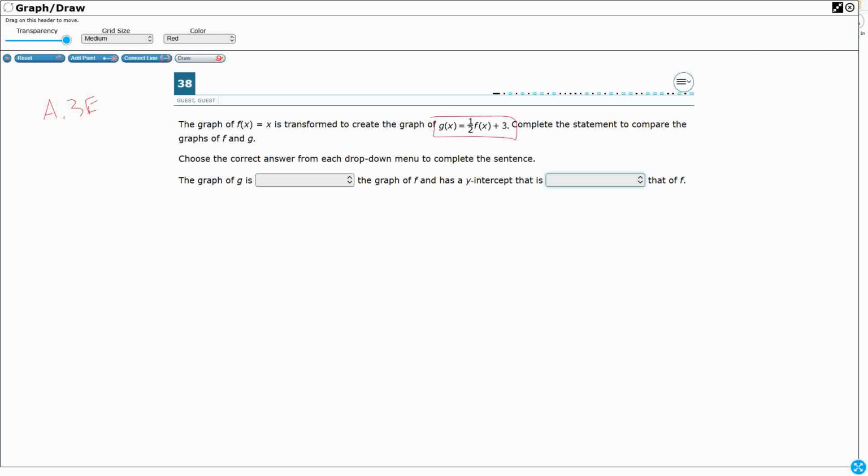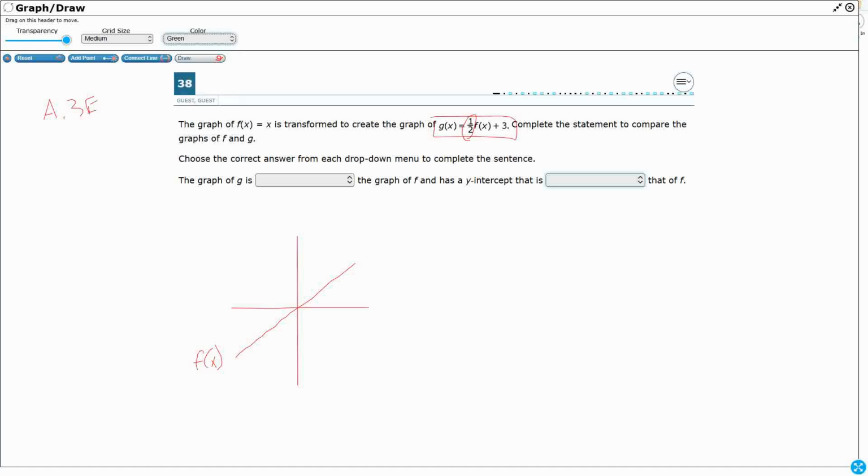Okay, so I can tell you what's going on here. When we have this term right here, that is going to affect the slope. If your basic f of x is right here through the origin, so this is f of x, let's look at what's going to happen here.